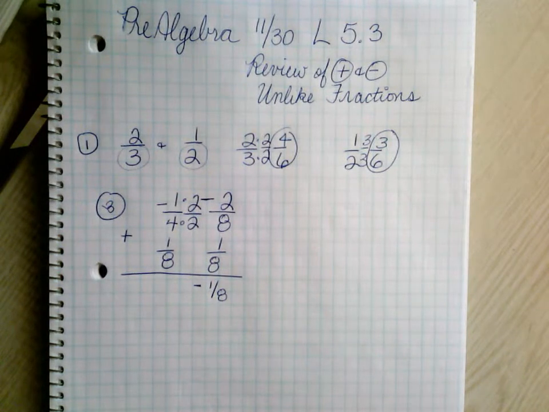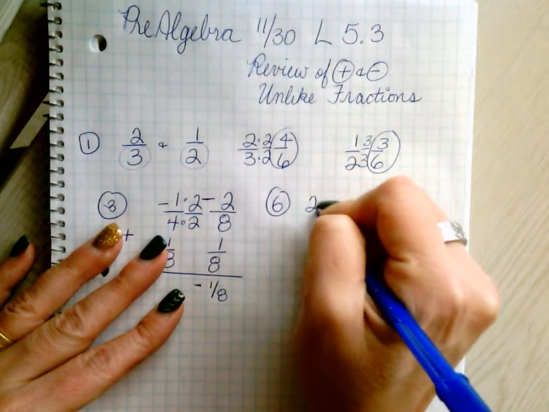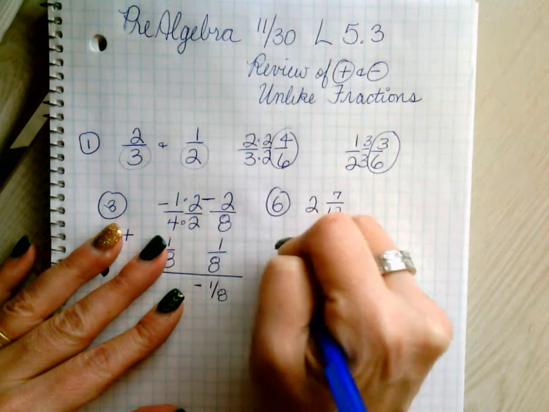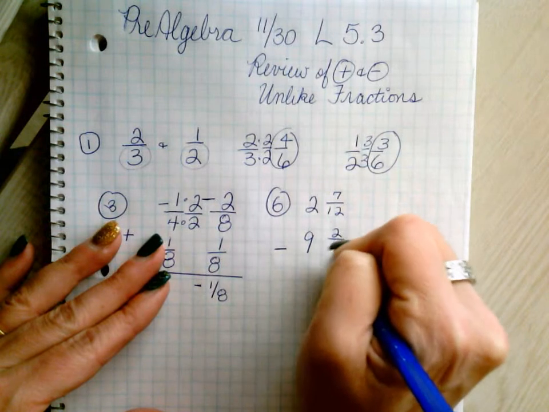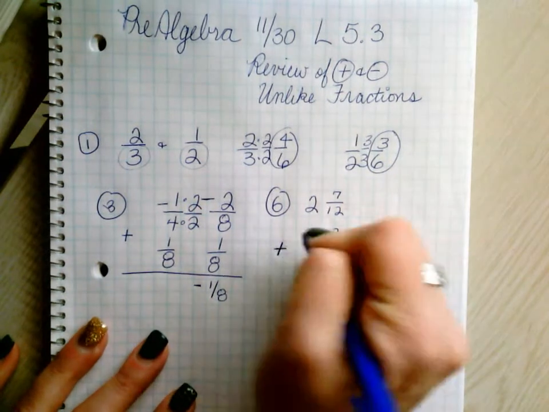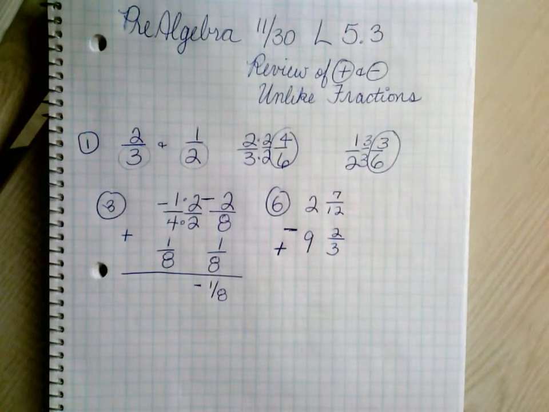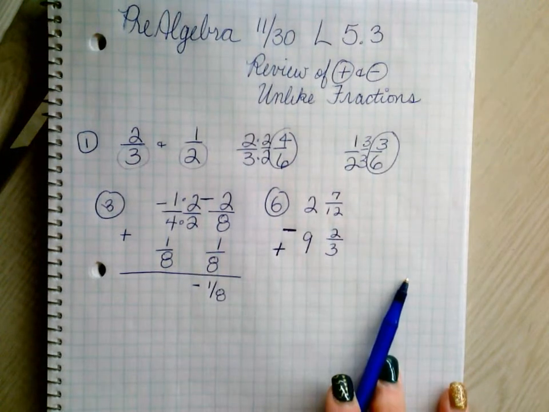Let's do number 6. 6 says 2 7/12 minus 9 2/3. Depending upon how you like to do this, you can either add the opposite or you can think of it as subtraction. I like to add the opposite. But before I do that, I have to figure out what to convert these to. Let's convert them to 12ths.